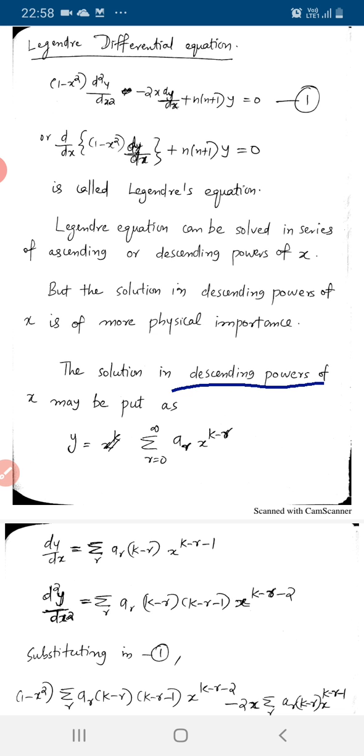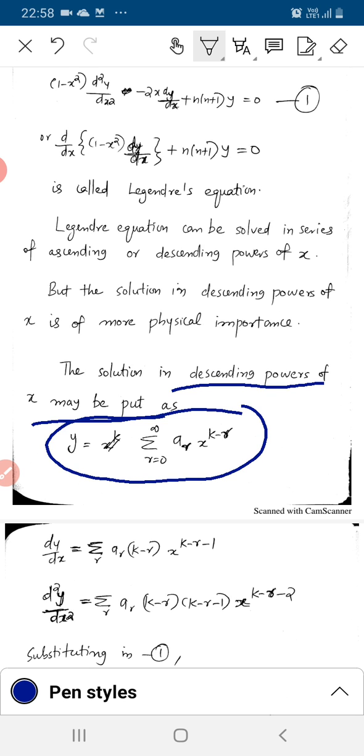So we consider the solution in descending powers of x, and we write it as y equal to sigma r equal to 0 to infinity a_r x to the power k minus r. Okay, so r is varying from 0 to infinity, so we have descending powers of x.